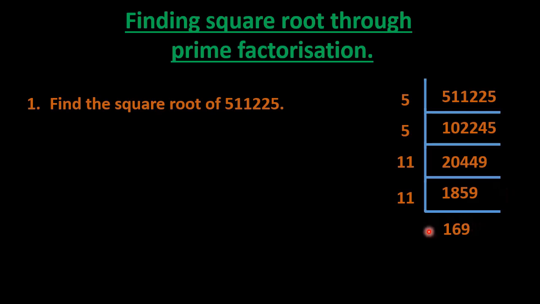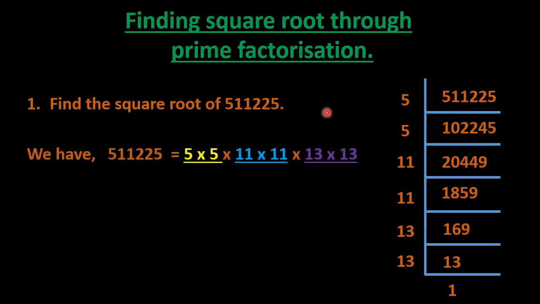This 169 will be divisible by the next prime number, which is 13. So 13 13s are 169, and at last 13 ones are 13. So these are the prime factors of 511225. We write 511225 as 5 into 5 into 11 into 11 into 13 into 13.